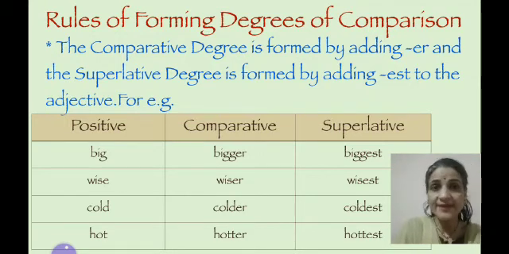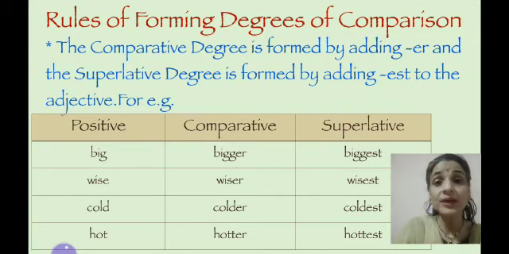Wise, comparative wiser, superlative wisest. Here you have to keep in mind that the last letter is already E, so we will add only R and ST. Cold, colder, coldest. Hot, hotter, hottest. Again double T.